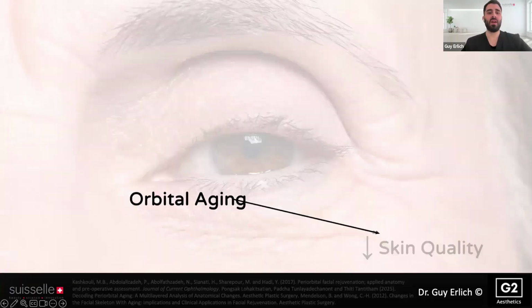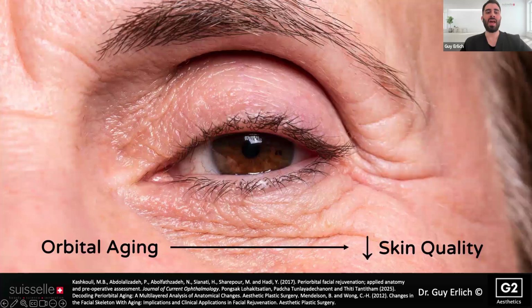On top of all of that, we know skin aging, and the orbital skin is very thin, and this is why it ages really, really fast and soon. So this is the first skin to age and to have wrinkles and rhytids. So all of that together gives us the pathogenesis of periorbital aging, and we can address all of them according to the pathology that we see in front of us.